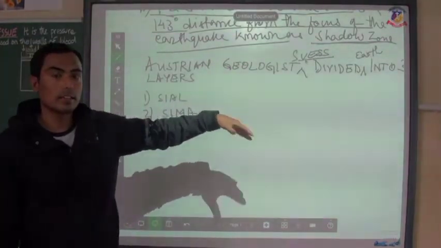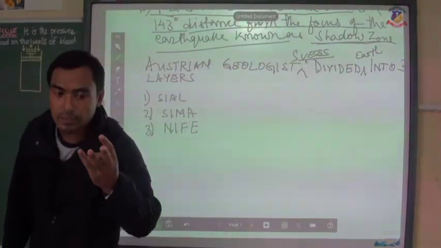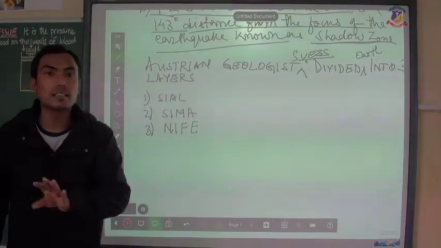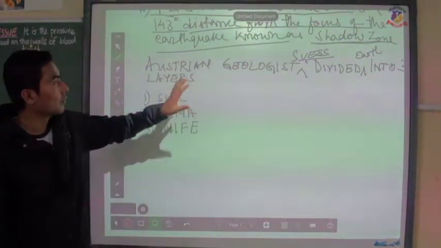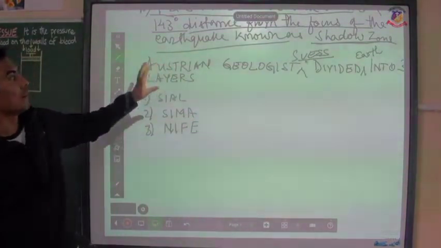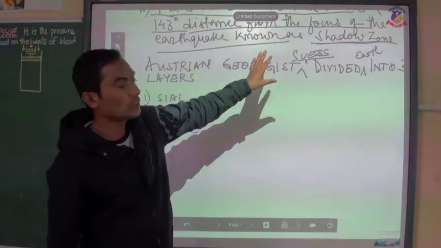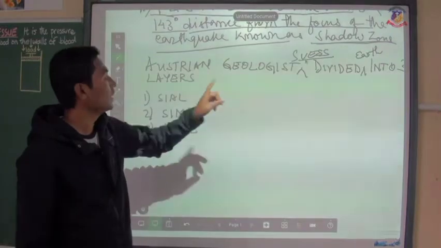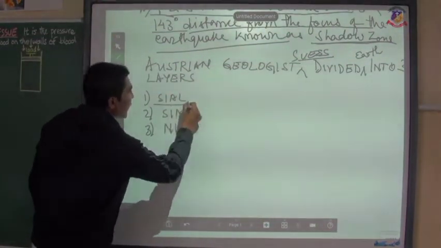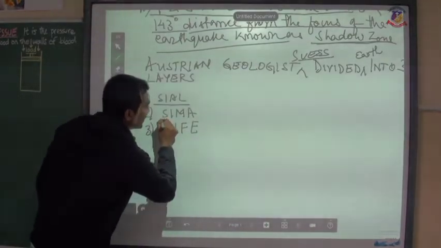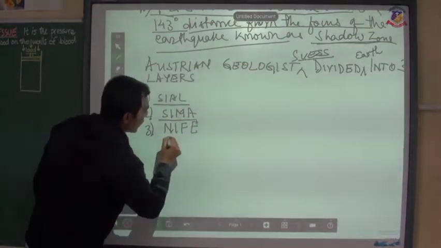The previous layers, the crust, mantle and core, are the normal classification of the Earth. But this is done by the Austrian geologist Suess into 3 layers. The first one is the Sial, the second one is the Sima, and the third one is the Nife.